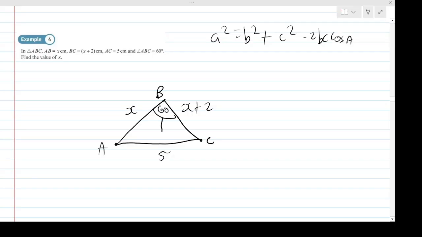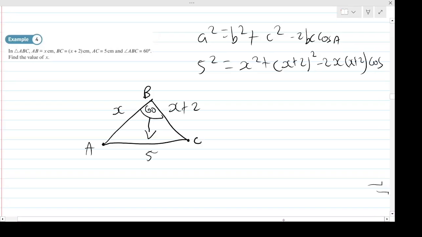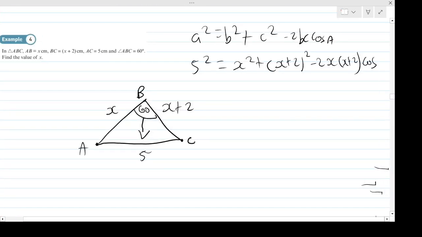Because the angle here is 60 facing the 5, we're going to have 5 squared equal to the other sides squared, so x squared, plus x plus 2 all squared, take away 2bc, so 2x lots of x plus 2, cosine of 60. There we are, so we get this equation.